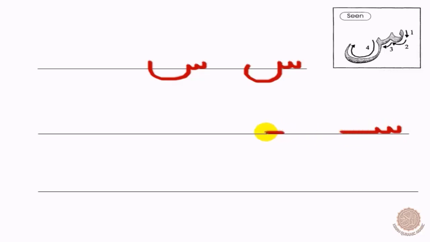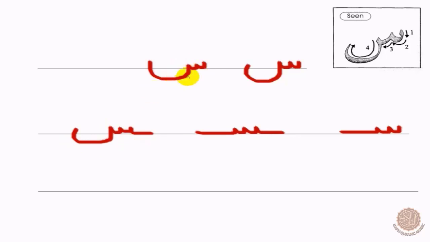So there's a letter before it, and then. And at the end of a word, it's as follows. So there's a letter before it, and then it's like this. So similar to the isolated forms.